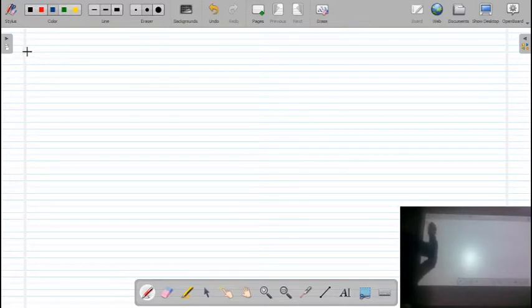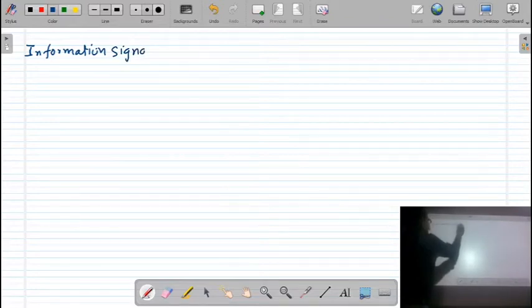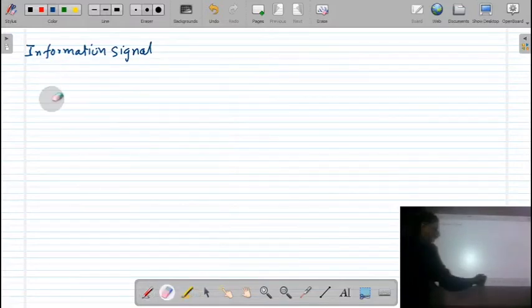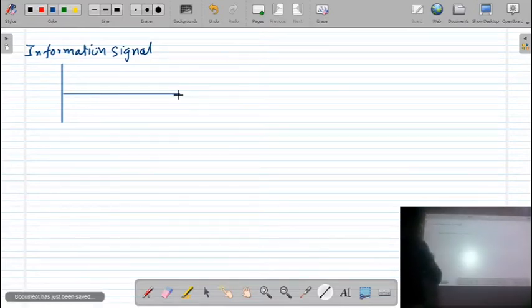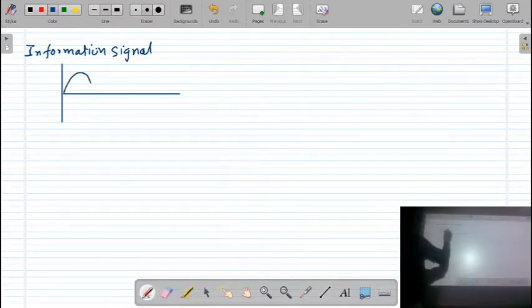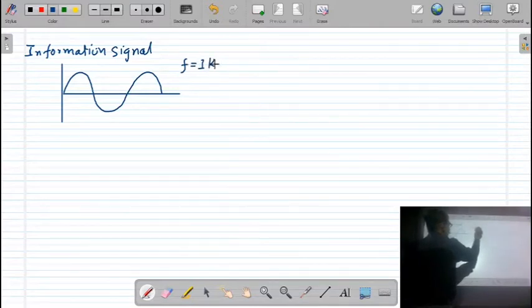Okay, so if you are talking about an information signal, let us say my information signal is a kind of sine wave. It is of a lower frequency. So here we can say that f is equal to 1 kilohertz.